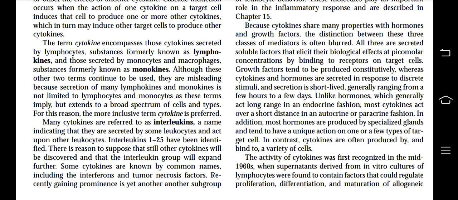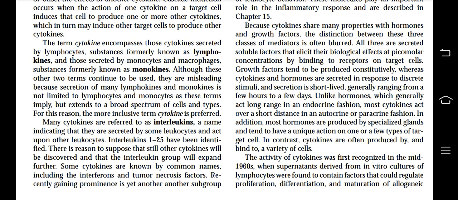Many cytokines are referred to as interleukins, a name indicating that they are secreted by some leukocytes and act upon other leukocytes. So interleukins 1 to 25 have been identified. There is no reason to suppose that still other cytokines will not be discovered and that the interleukin group will not expand further. Some cytokines are known by common names, including the interferons and tumor necrosis factors.